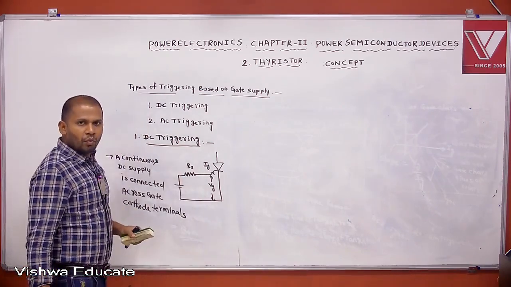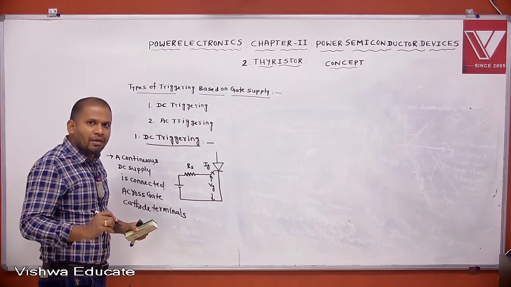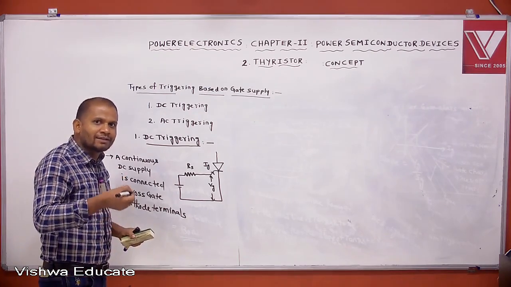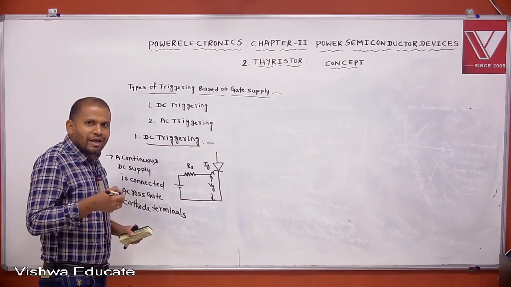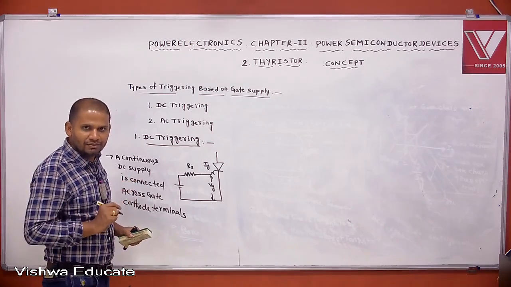But once we are using DC triggering, we are not making on and off pulses. Continuously we are connecting the supply, which means it adds additional power loss.